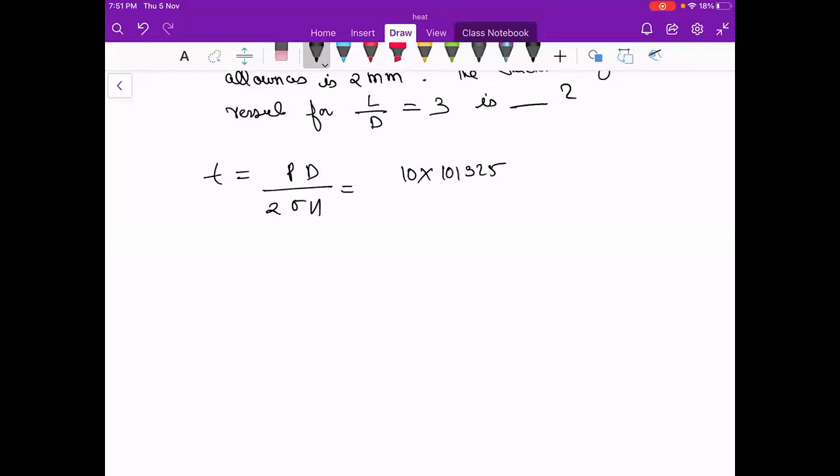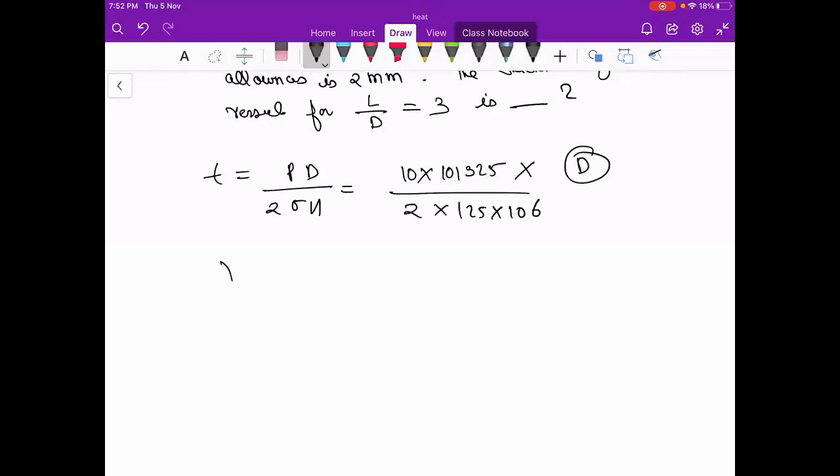And here it will be 2 into 125 into 10 to the power 6. And what will we place in terms of D?